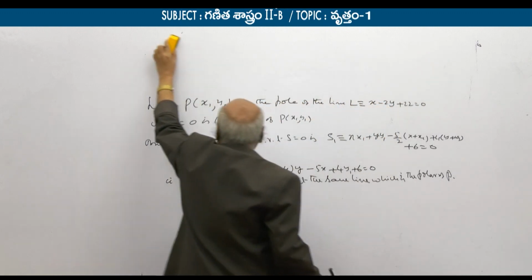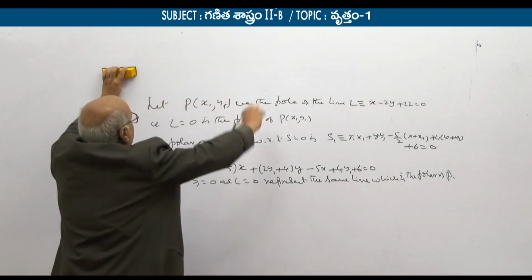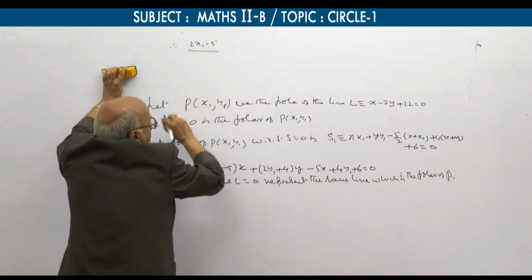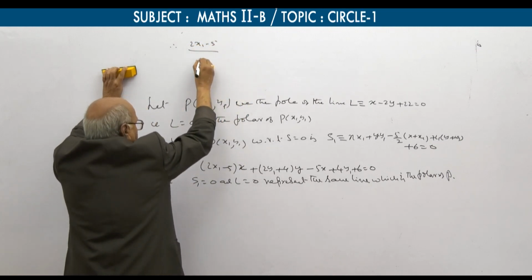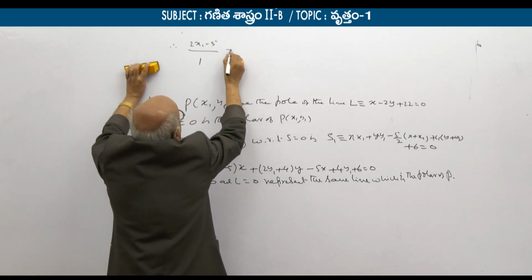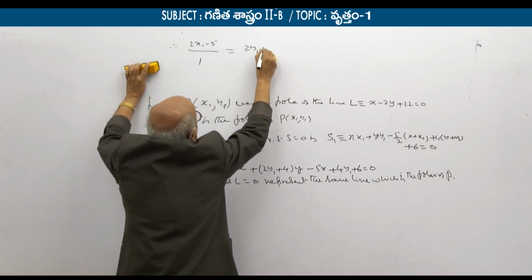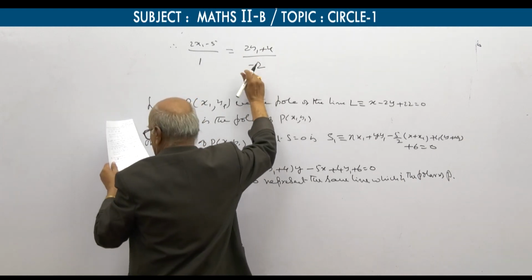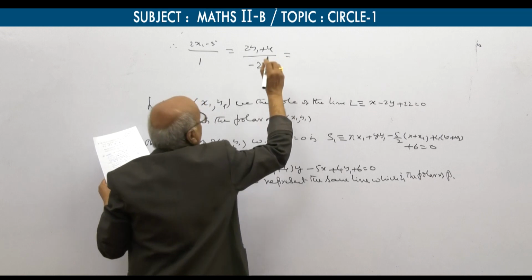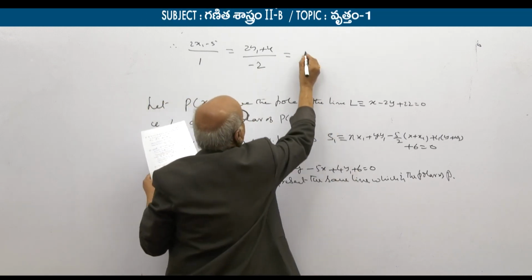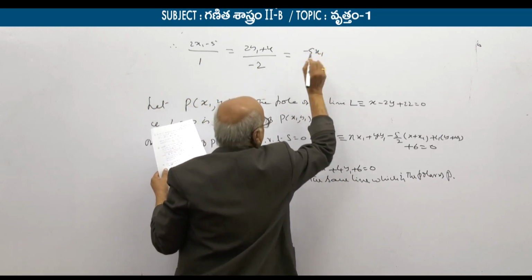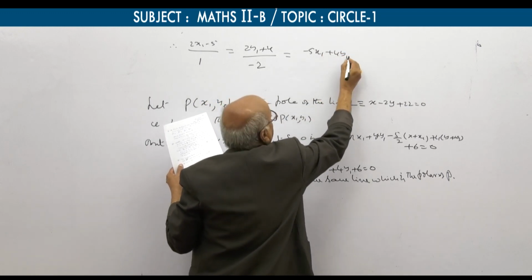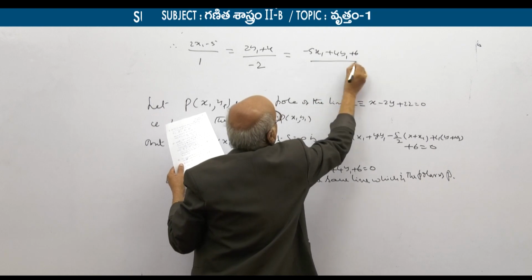Therefore, the corresponding coefficients are proportional. So, 2x1 minus 5 by 1 is equal to 2y1 plus 4 by minus 2 is equal to minus 5x1 plus 4y1 plus 6 by 22.